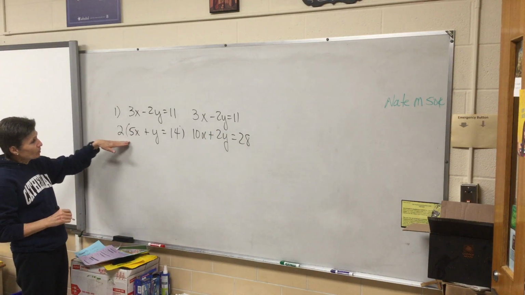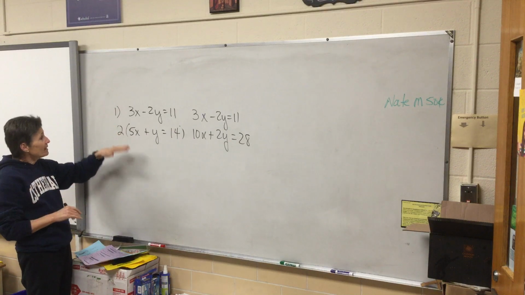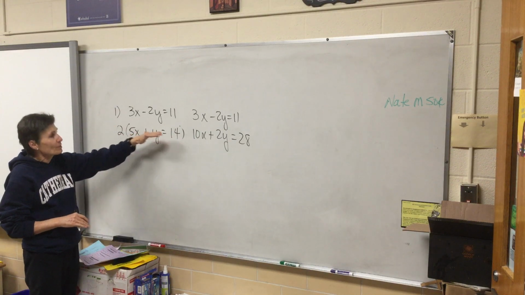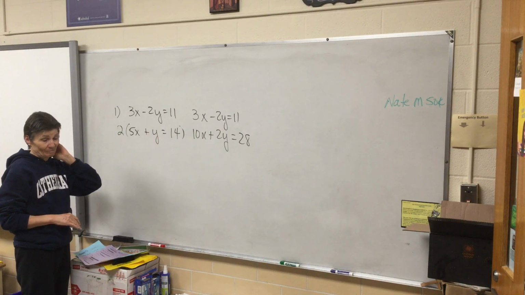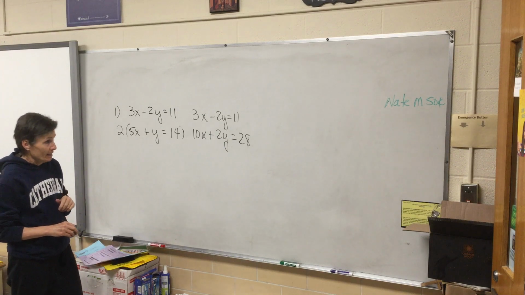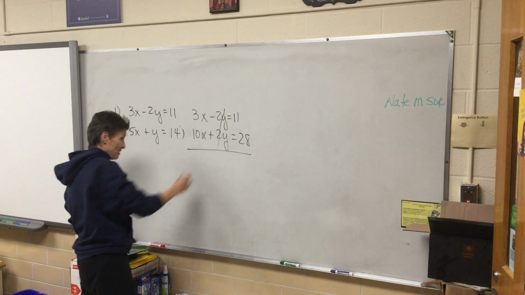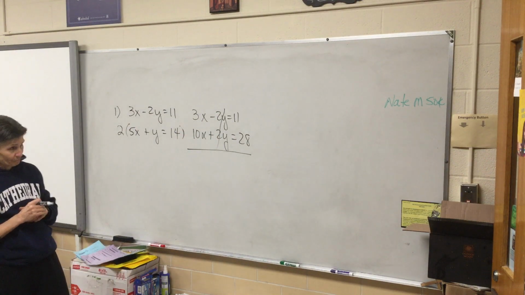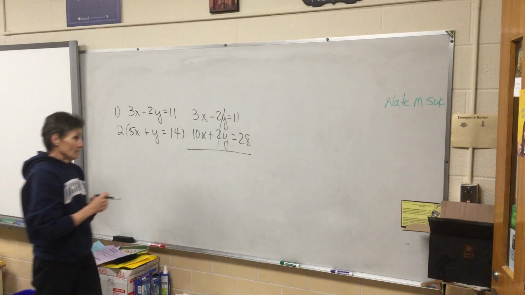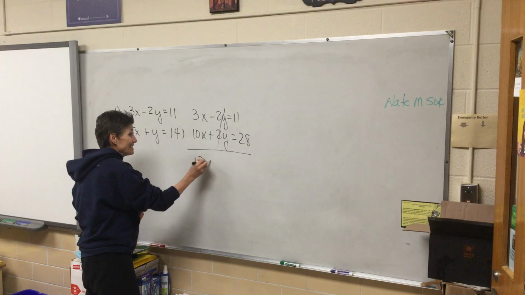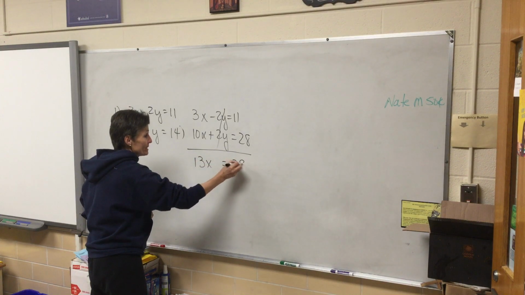Remember, if you choose to multiply by 2, that's perfectly fine, but you have to multiply everything by 2. And Ella, I'm guessing you did that so that when you add, your y's are gone? Yep. So we add, so we got 13x equal to 39.